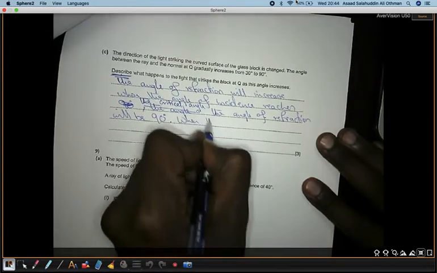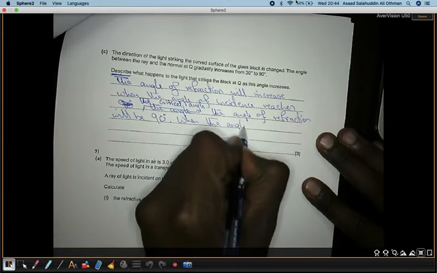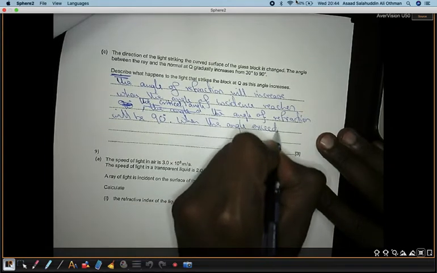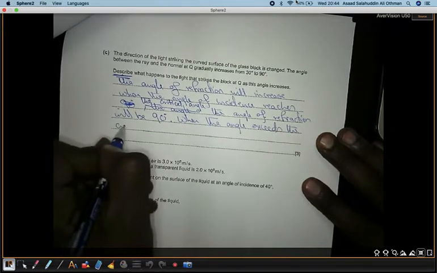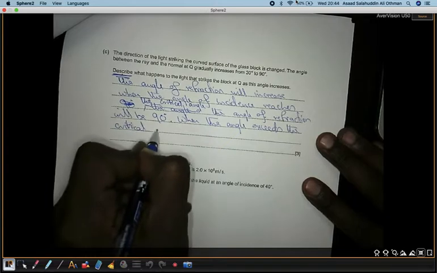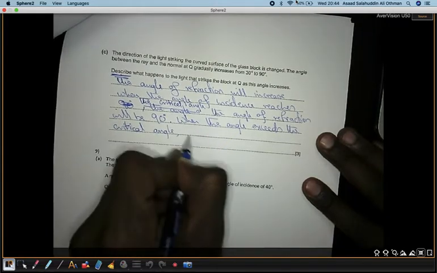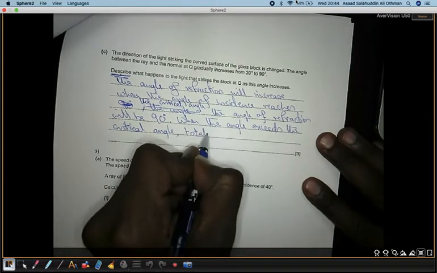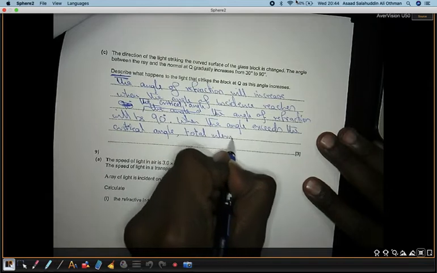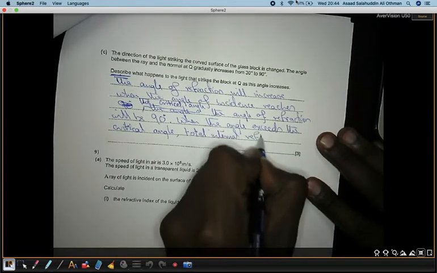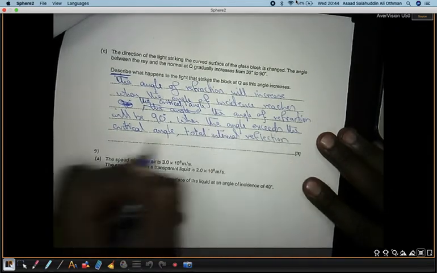When the angle exceeds the critical angle, total internal reflection takes place. This is how you fix the mistakes you made.